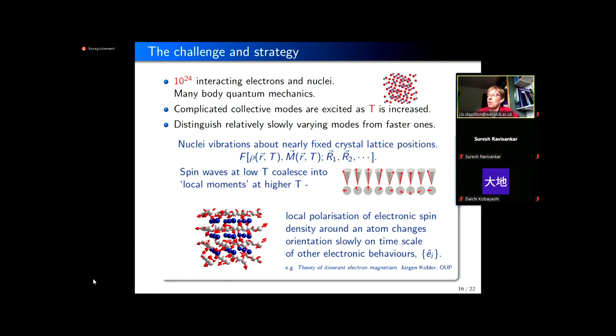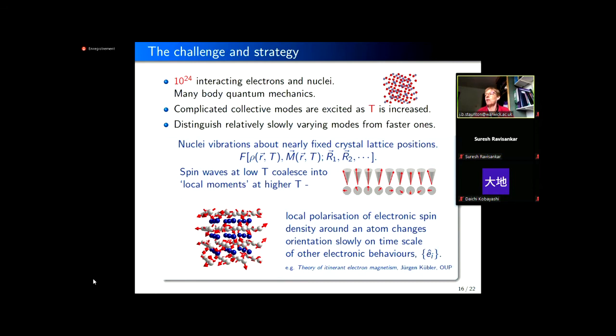So we know that as a material is heated up, in the interacting electrons, at low temperatures, there are going to be some collective modes that are excited. What we want to do is then, of all these collective modes from the electrons, see if we can spot those that are relatively slowly varying compared to other ones. If we think about electrons and nuclei, this is quite obvious.